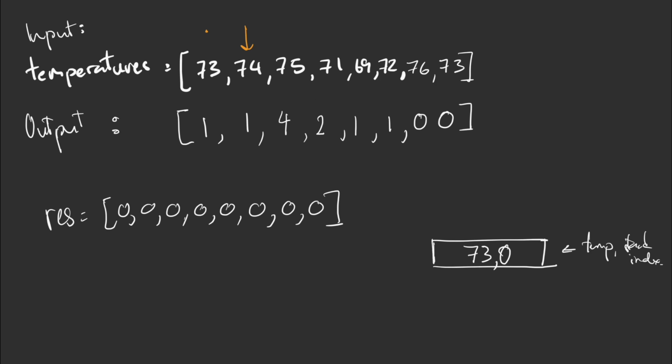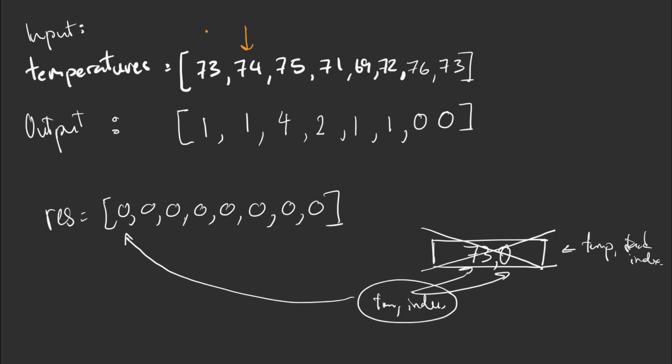If that is the case, we need to pop this one out. And once we pop it out, we get all the details, the temp and the index from the stack, and then we can use this number to change the number in the results array here.